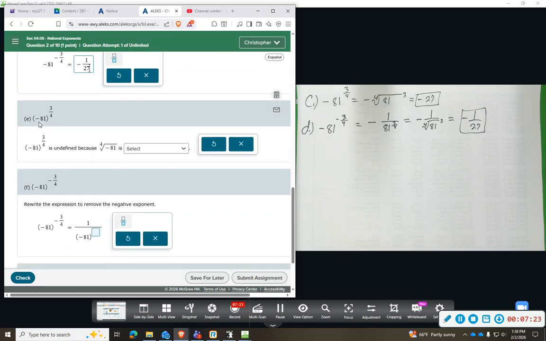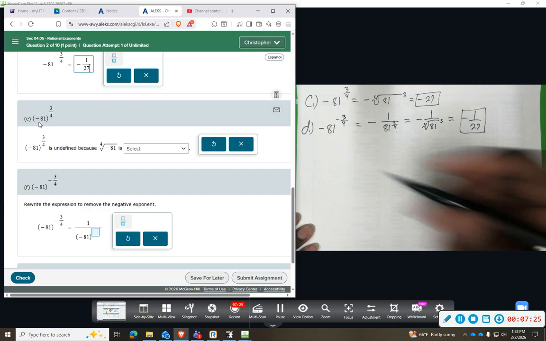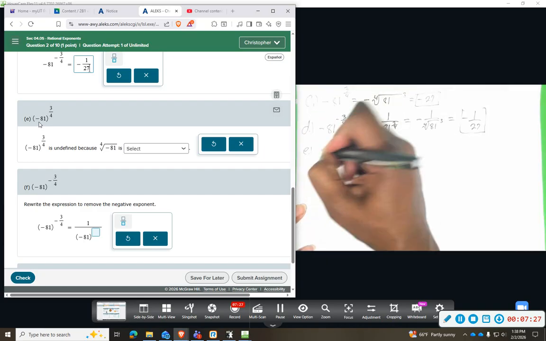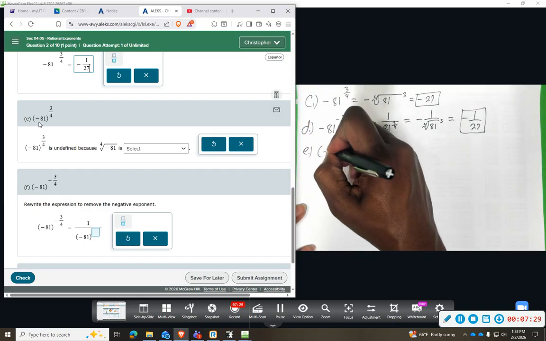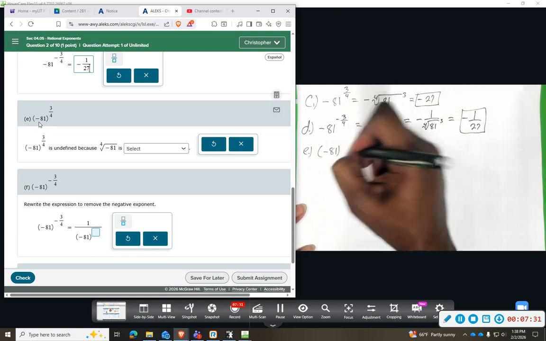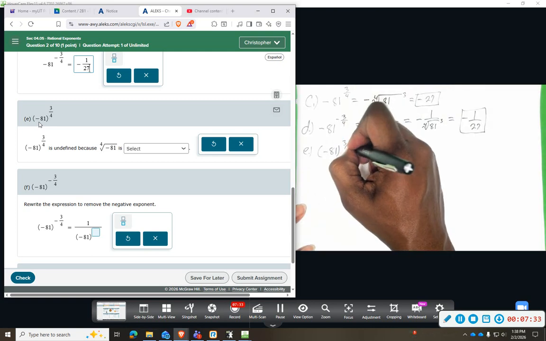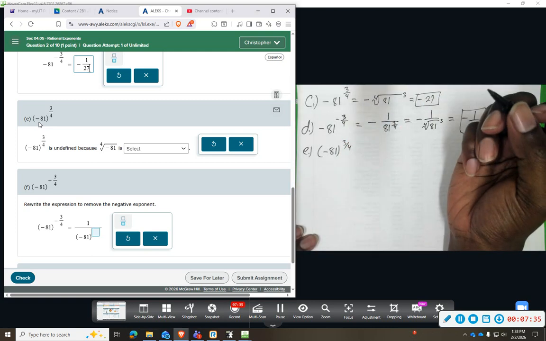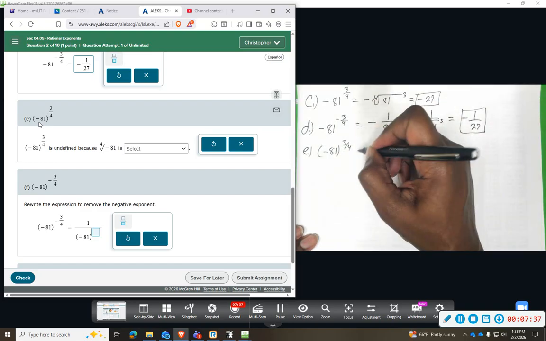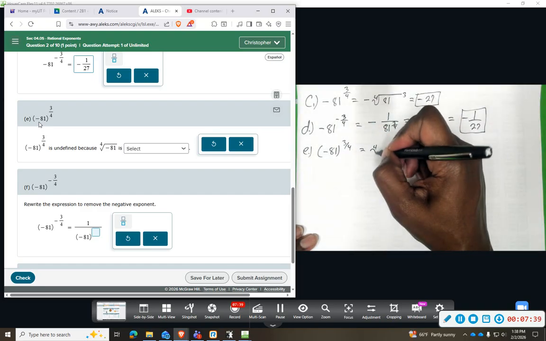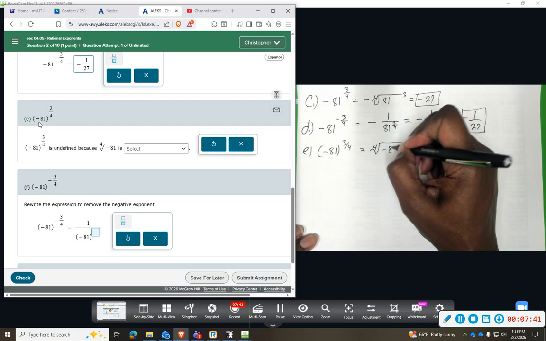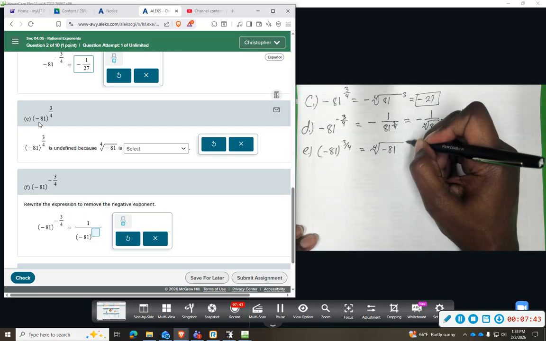Part E, this time the negative is inside. Negative 81 in parentheses raised to the 3/4 power. We would rewrite this as the 4th root of negative 81 to the 3rd power.